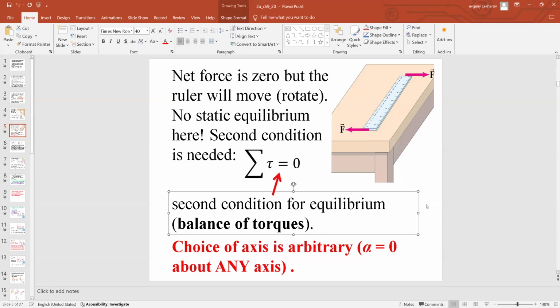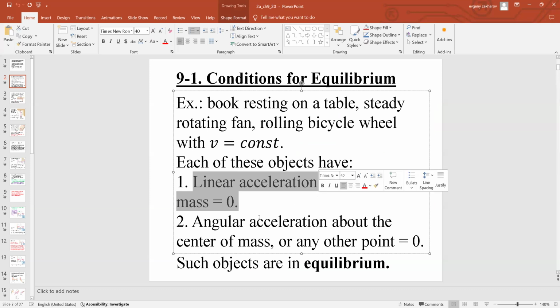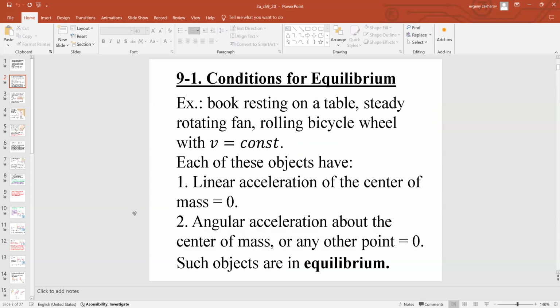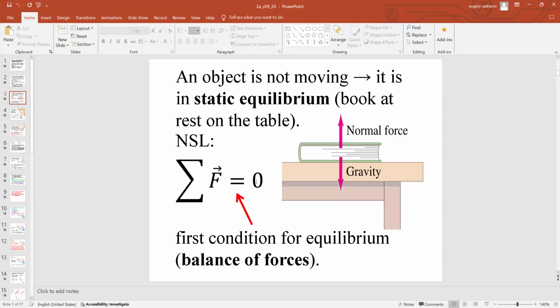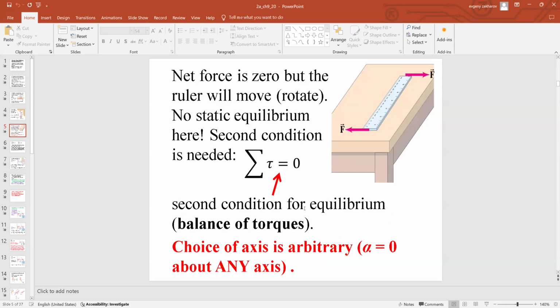Once again, two conditions. Linear acceleration is 0, and angular acceleration is 0. If linear acceleration is 0, then net external force is 0. If angular acceleration is 0, then the net external torque turns out to be 0. Those are the conditions for equilibrium.